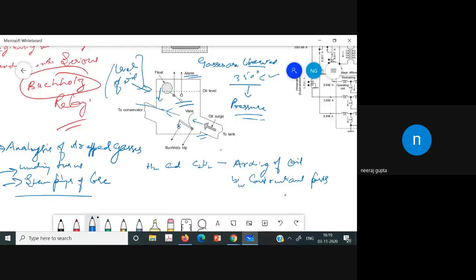Then if the gas is hydrogen and methane, in that case, arcing with the deterioration of insulation, fault in tap changer.